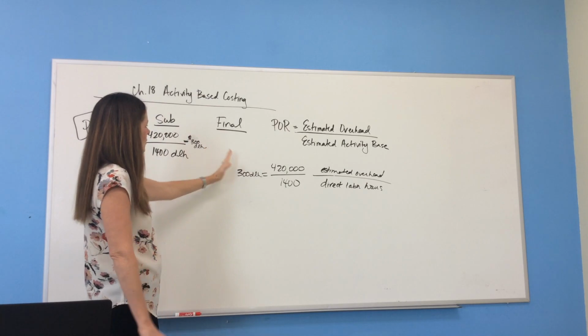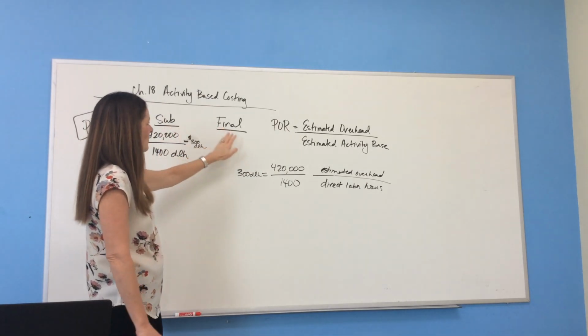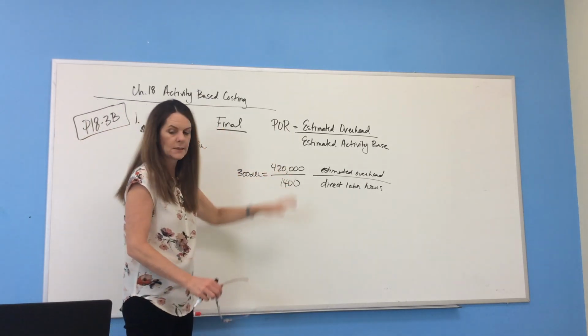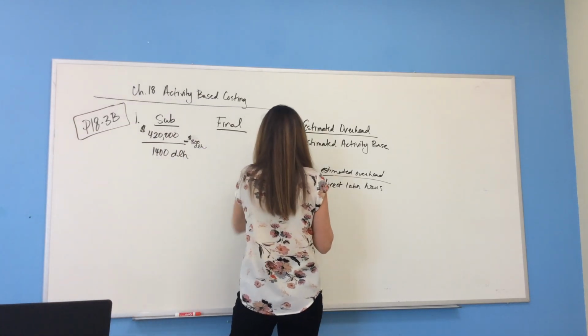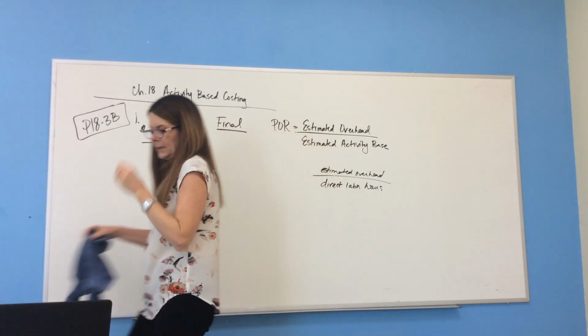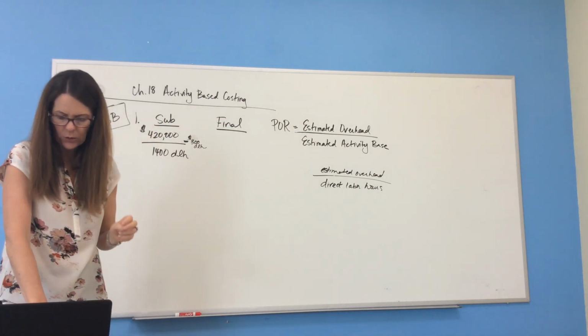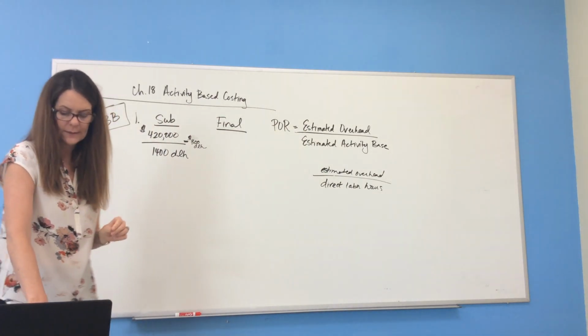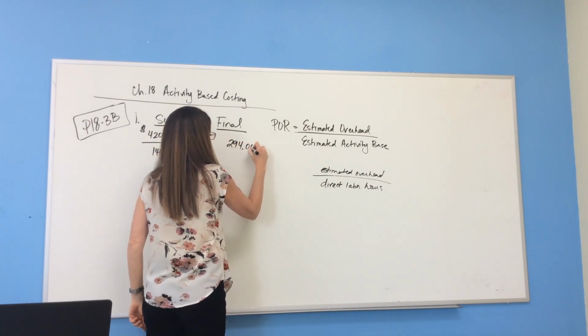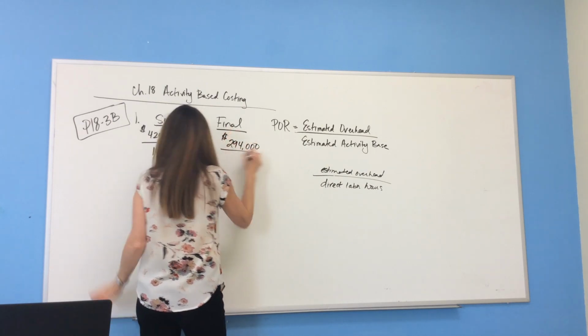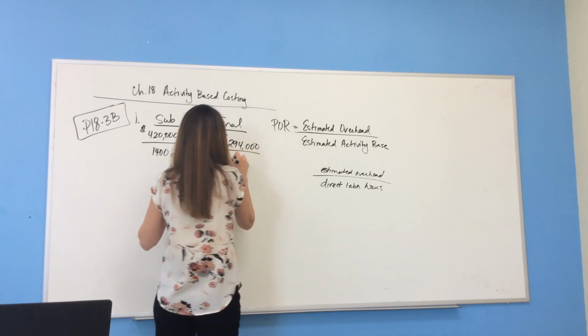Now in this case, we have 2 different departments, sub-assembly and final assembly, so I'm going to have to do this computation again. I'll just do it one time. It says in 1, 294,000 is for the final assembly. So the final assembly had $294,000. I'm still using the total direct labor hours of 1,400.